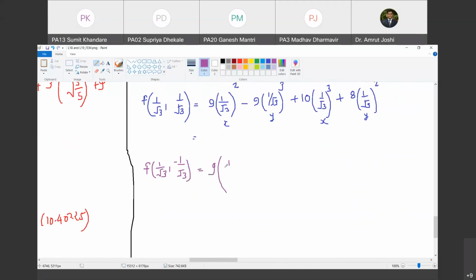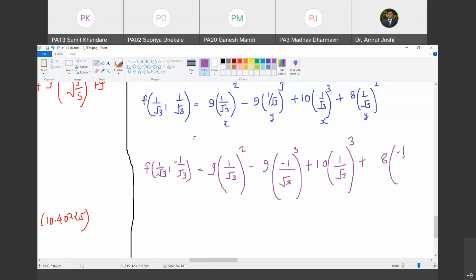So first term is 9 into 1 by root 3 square, minus 9 into minus 1 by root 3 cube, plus 10 into 1 by root 3 cube, plus 8 into minus 1 by root 3 square. This is the second one.